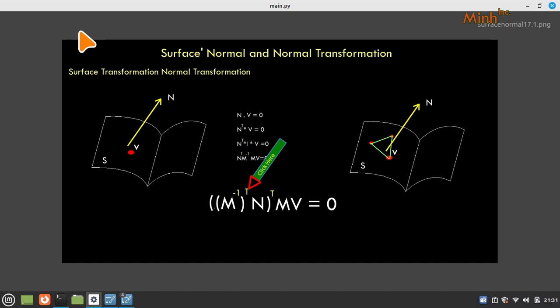Not required. If a vertex is transformed by a matrix M, then we can just take the top 3, and that is the transformation on the normal. This much mathematics is not required. This is what we find all over the internet and in all the 3D books. People just mug it up.